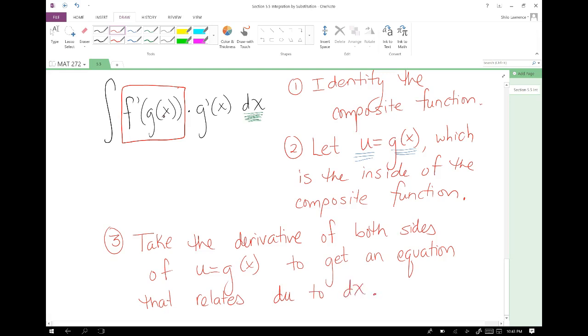So we know we're going to replace g of x with u, and in step number 3, we're going to be able to find a replacement for the dx, and as long as we've done everything correctly, then g prime here at the end should take care of itself.